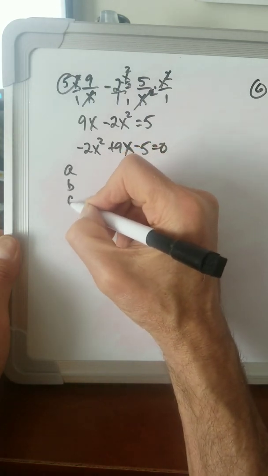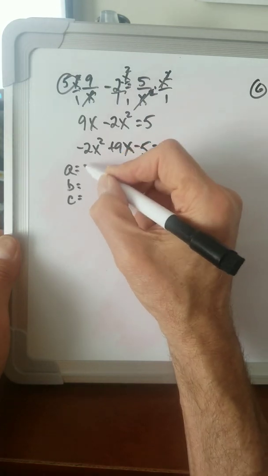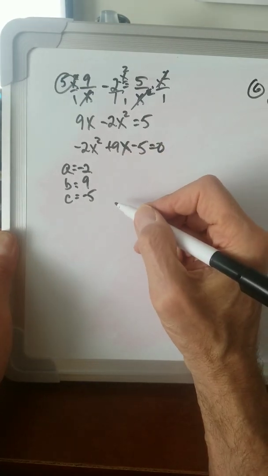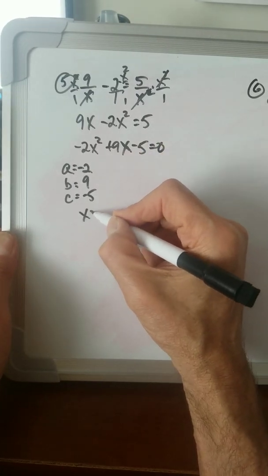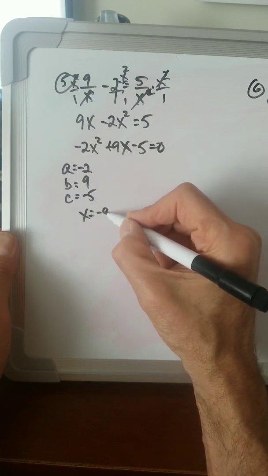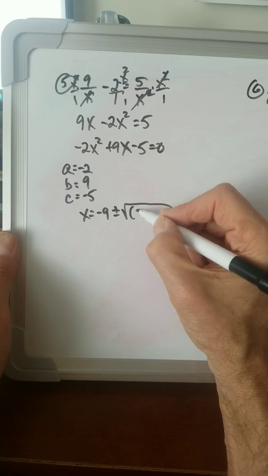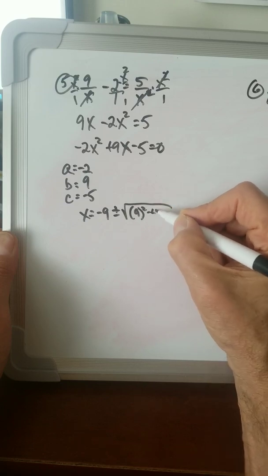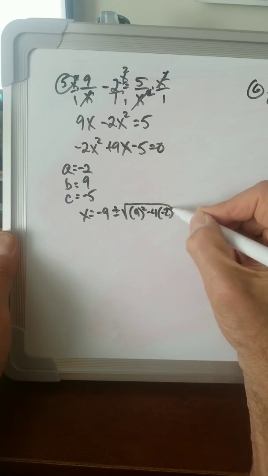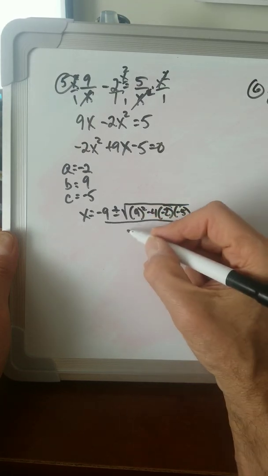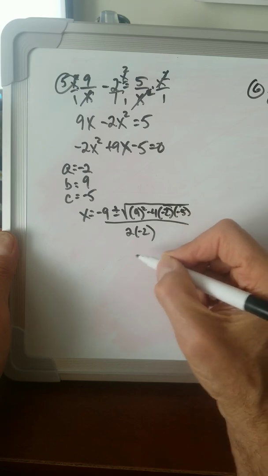A, B, C: negative 2, 9, negative 5. So x equals the opposite of b, plus or minus the square root of b squared, don't forget parentheses, minus 4 times a times c, all over 2 times a.